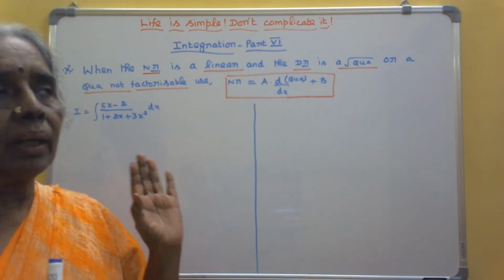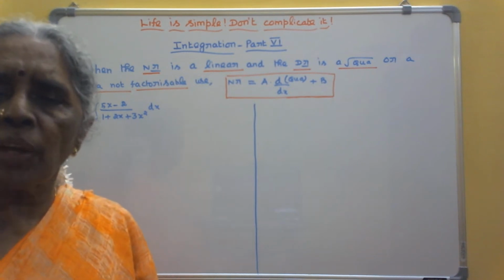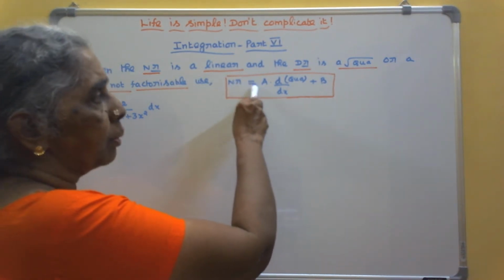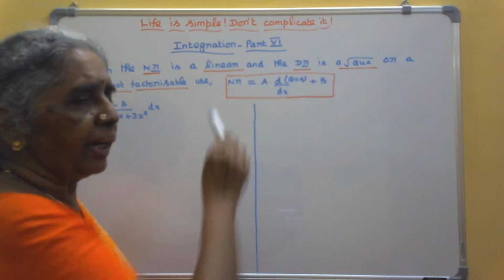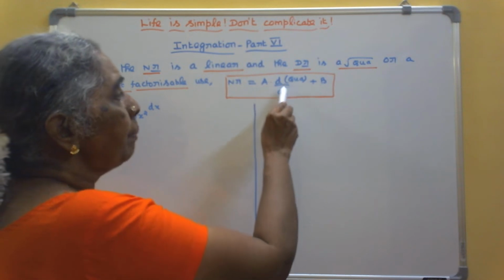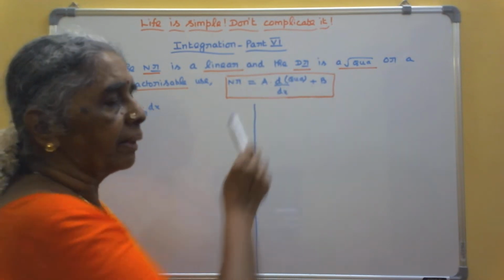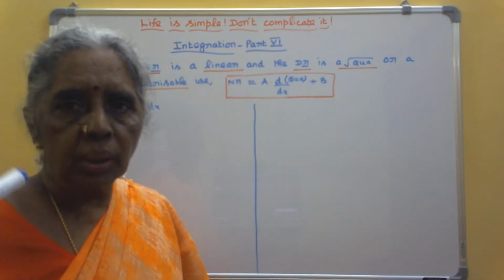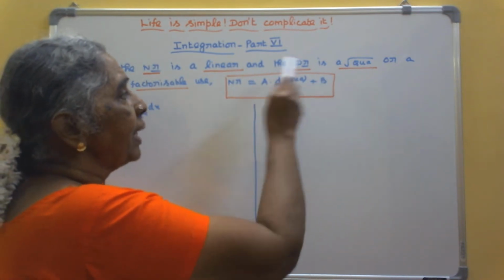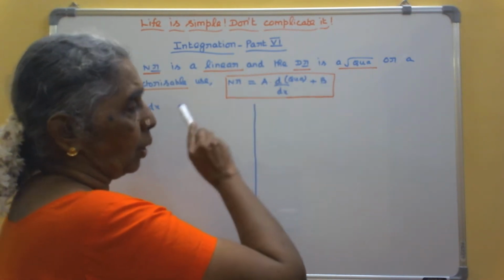Now, what is the concept we are going to use? You will write the numerator is equal to some a, a is some constant, into d by dx of the quadratic, not the root, d by dx of the quadratic plus b. Here a and b are constants.